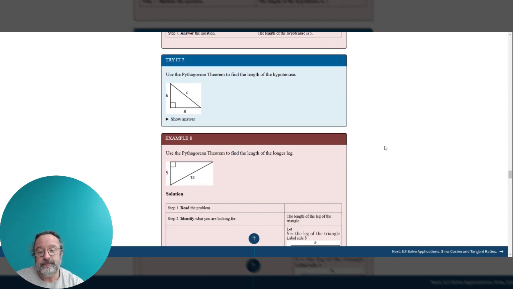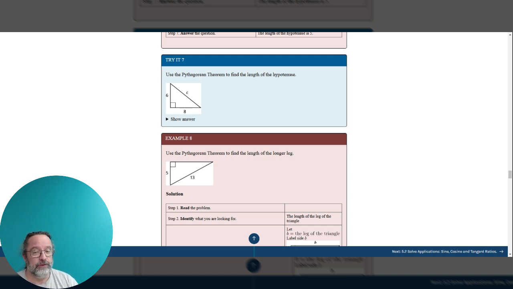So that's the Pythagorean theorem to find the length of the hypotenuse. This looks suspiciously similar to the last problem. This is where, eventually, you'll see why similar triangles are so important. Here we have 6 squared plus 8 squared equals c squared. 6 squared is 36, 8 squared is 64, and you add those two together, it's 100.